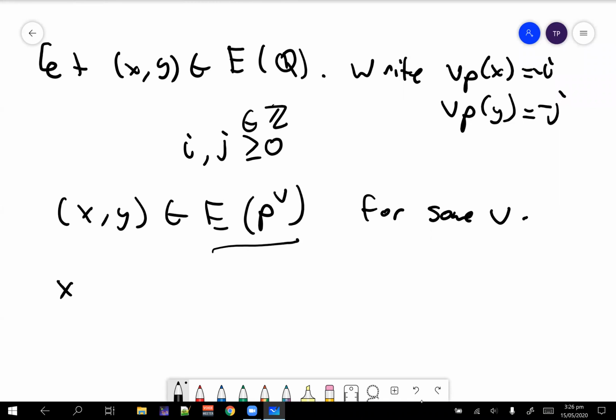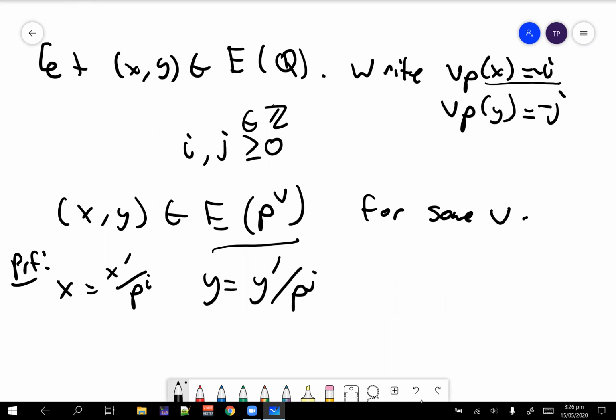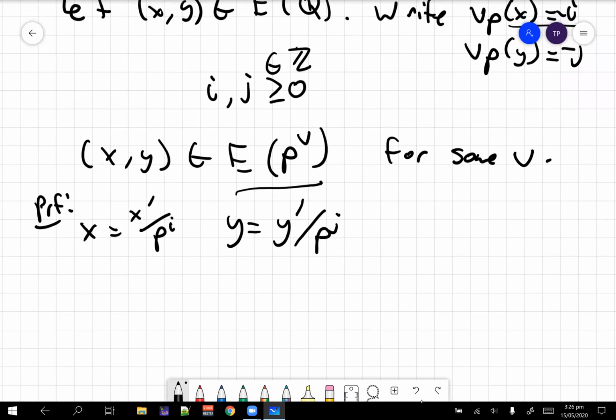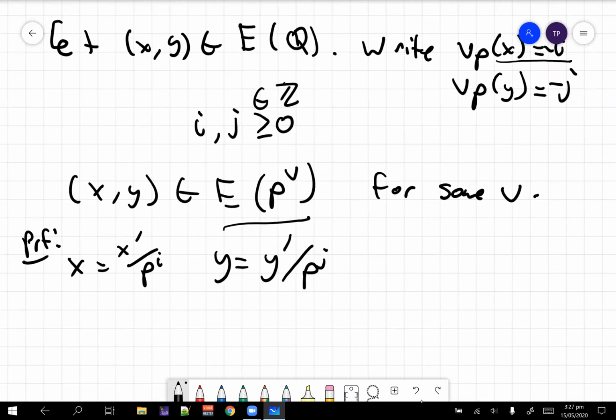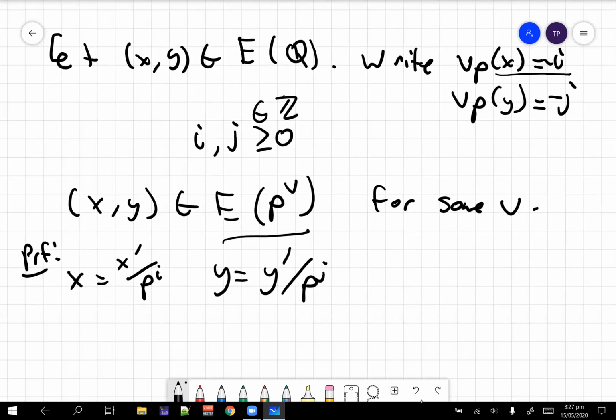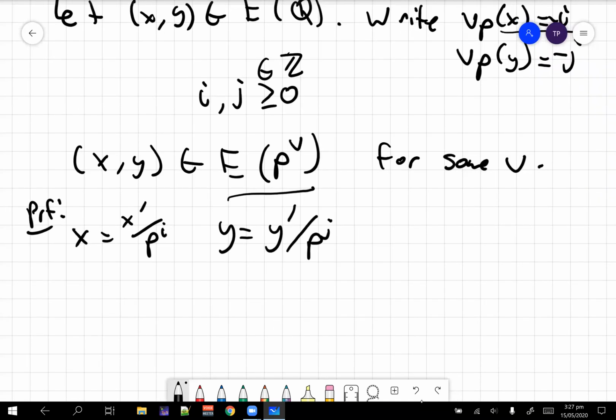If the valuation of x is -i, then we can write x to be some x prime over p to the i, and we can write y to be y prime over p to the j, and then x prime and y prime are units in the p-adics. So that just means that when you write it out, the valuations of x prime and y prime are both trivial.